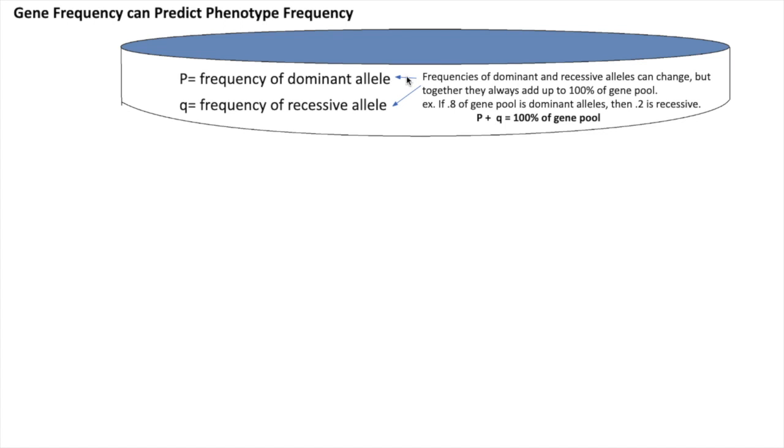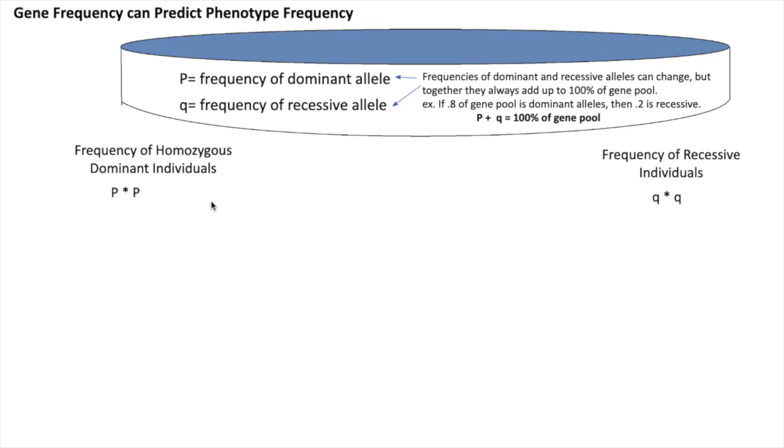What's useful about knowing allele frequencies is that you can use them to predict phenotype frequencies. For instance, if you wanted to calculate the likelihood of a homozygous dominant child being born from this gene pool, you can take the chance of one dominant allele being drawn from the gene pool and multiply it by the chance of a second dominant allele being drawn.